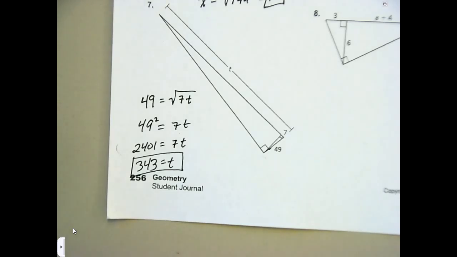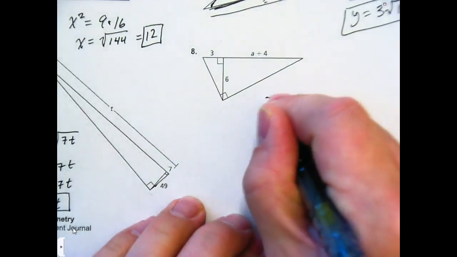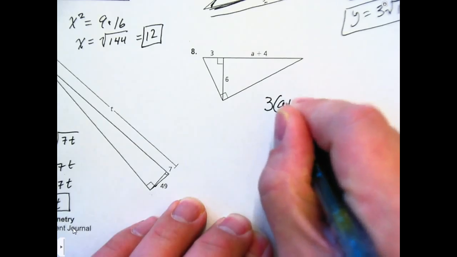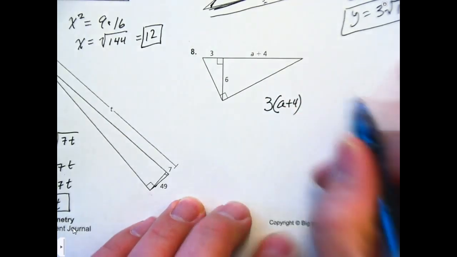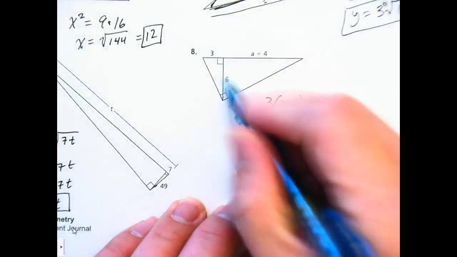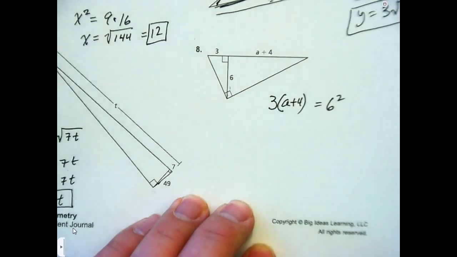All right. Number 8. Volunteer to give me their formula. Cynthia. 3 times a plus 4 equals 6 squared. So you're finding the geometric mean using your altitude there. Okay. All right. Jordan, what'd you do next?